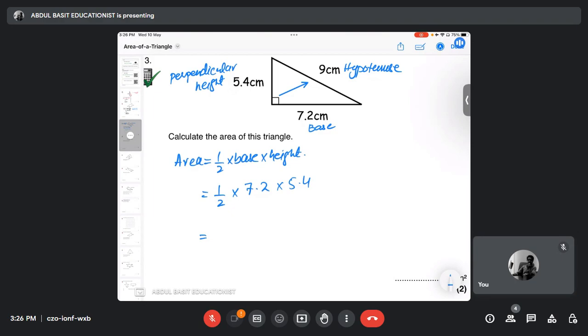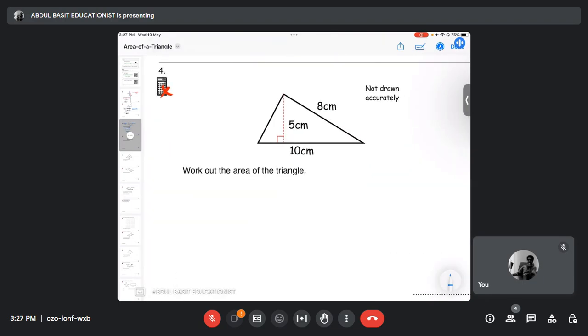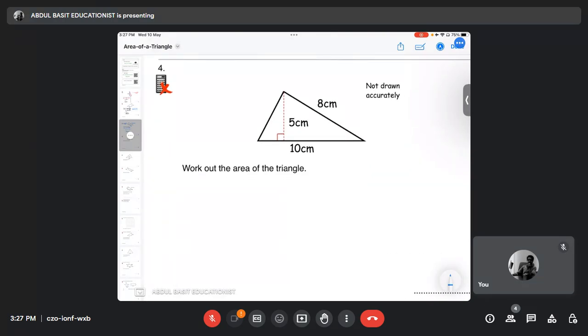The answer is 19.44 centimeters squared. Get it? Yes, sir. Easy? Yes, sir. Please try this question on your own.